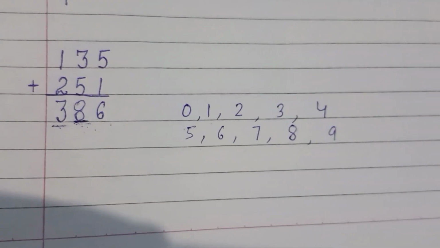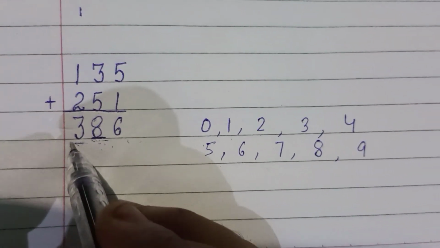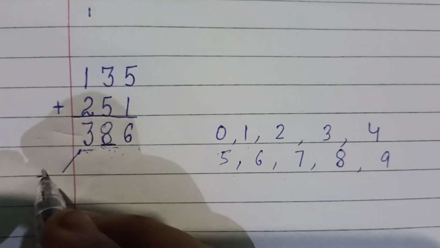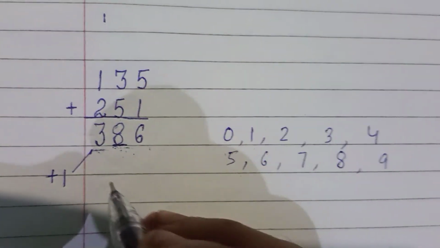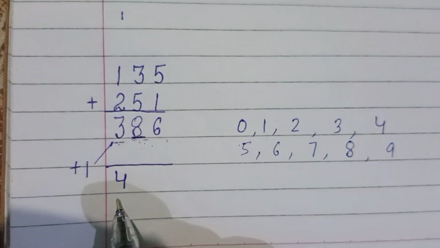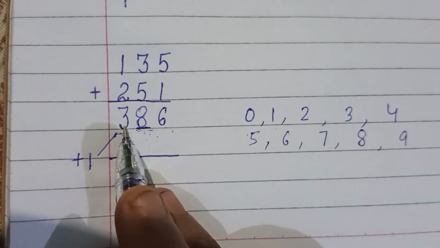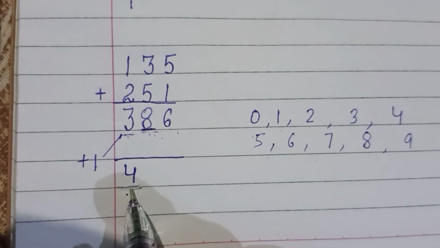Clear, student? That is, one number will increase in it. So 3 plus 1 is 4. One number will increase in the 100 place. Okay.